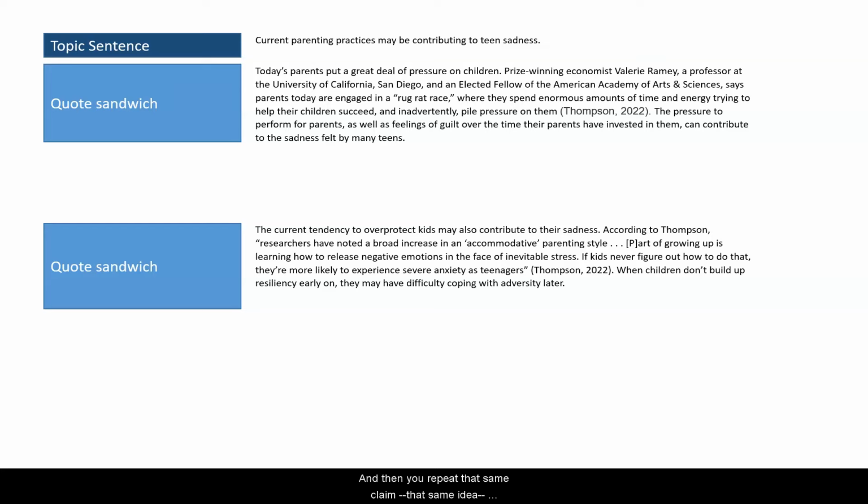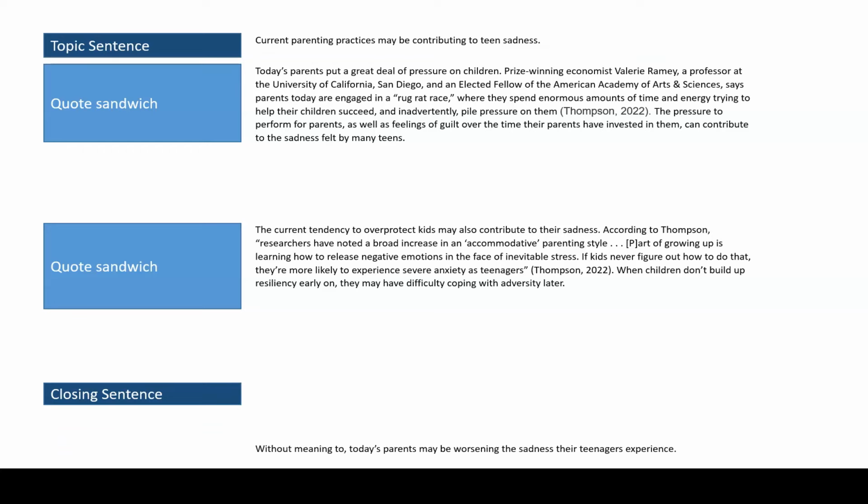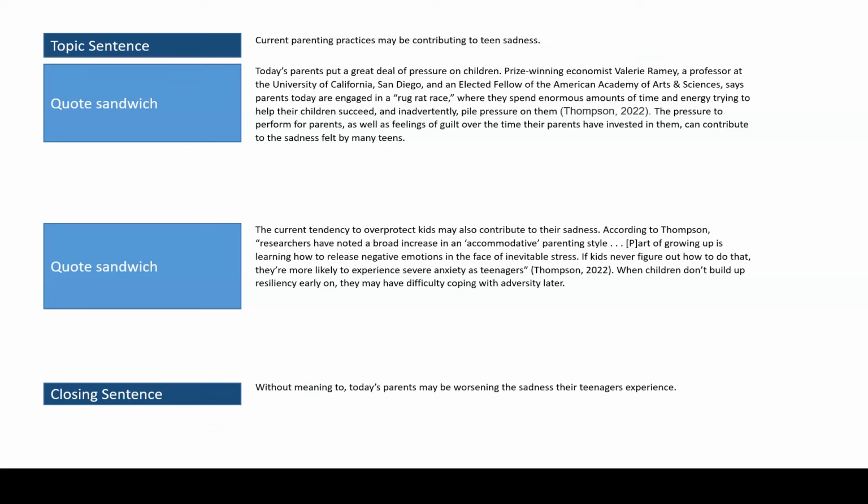And then you repeat that same claim, that same idea in your concluding statement, your closing sentence. You just word it a little differently. So you can expand on it a little bit, connect it a little bit more to your paragraph, but here I have reworded the same idea.